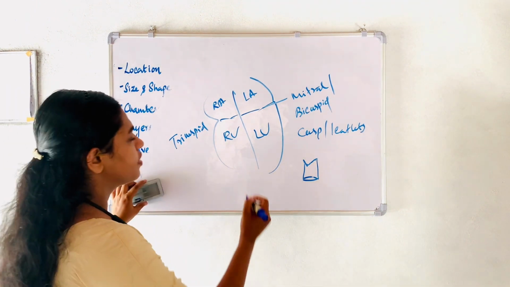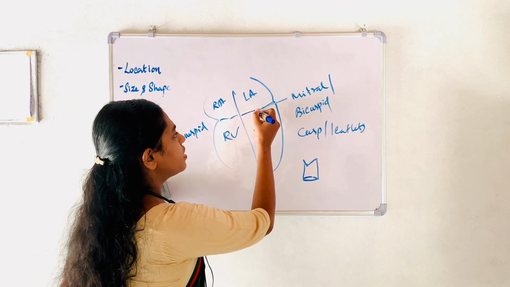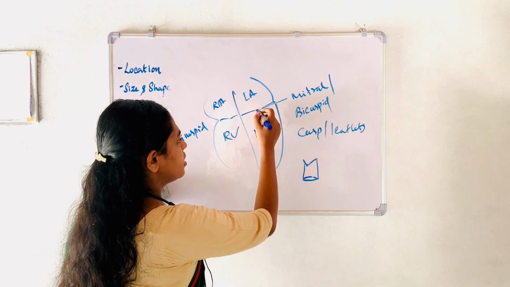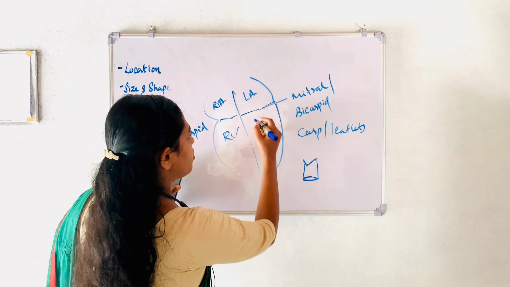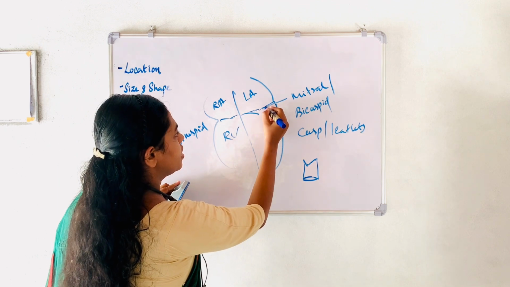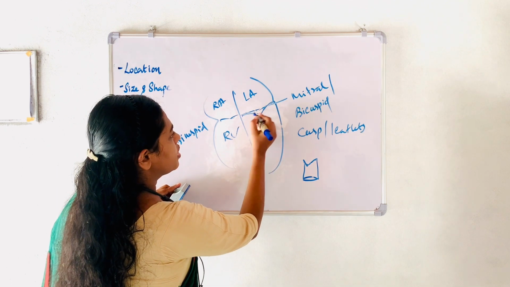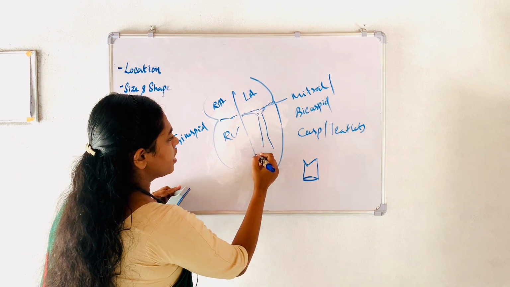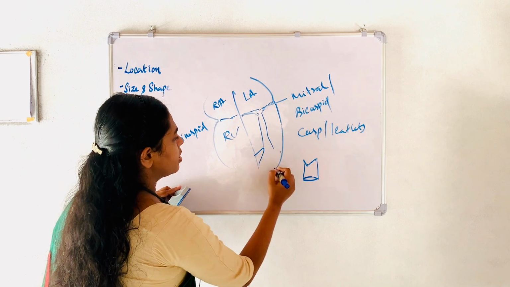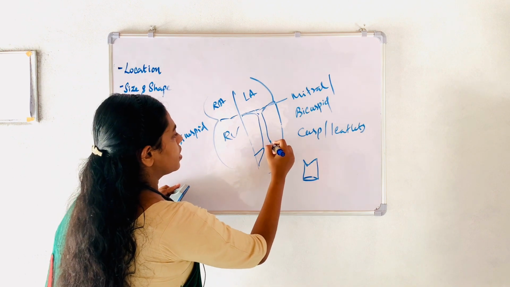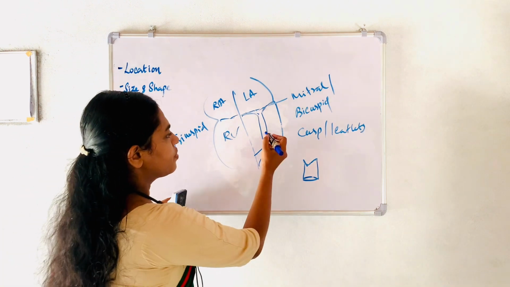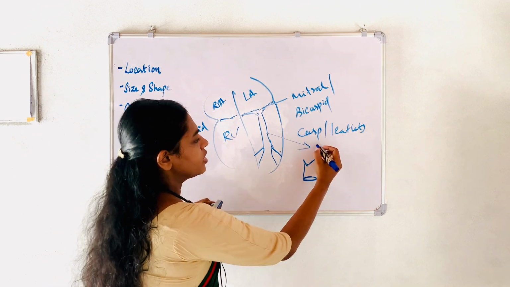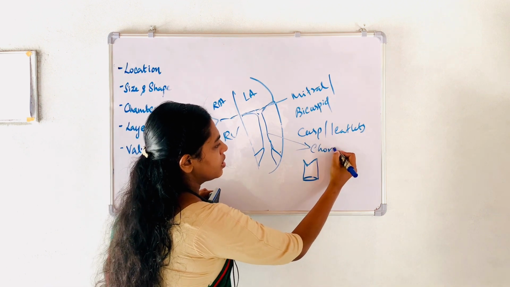From the cusps of the valves there are thread-like projections, thin fiber-like projections that come down.